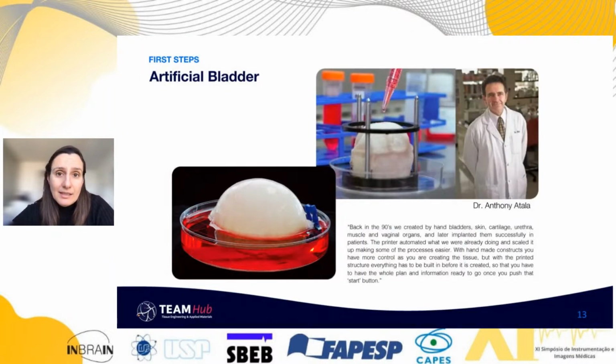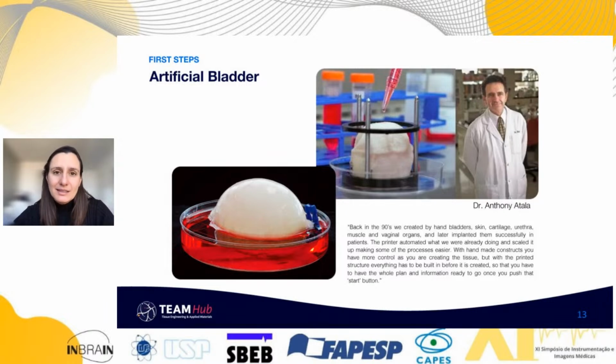That was more or less around the time that we had the biological system start being printed. So here we have a picture of Dr. Anthony Atala, and his lab, his colleagues, they were among the first ones to actually incorporate this idea of 3D printing into biological tissues. So before the 3D printing boom, they were already manufacturing artificial tissues, as they call, by hand.